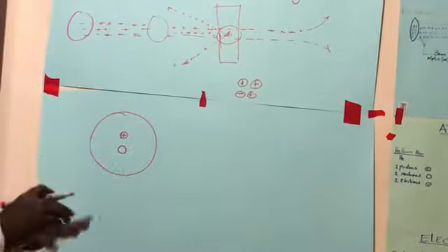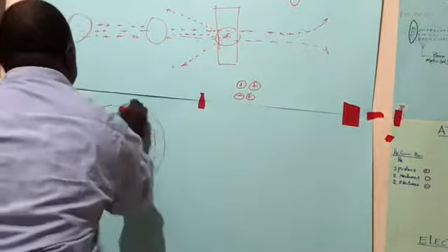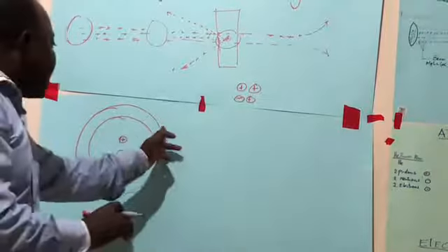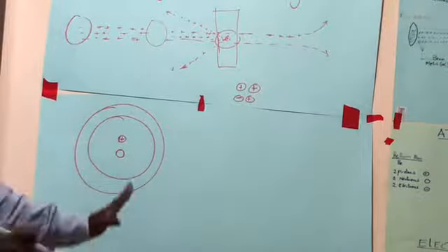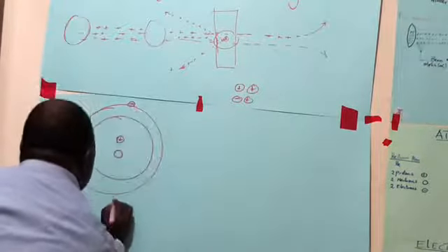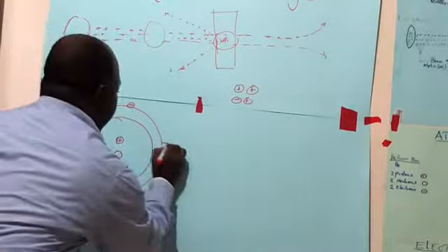And he also concluded that around the nucleus there was an orbit, which we call the shell, and that the electrons were revolving around it. He said the electrons that were negatively charged were moving around the orbit, and he named this a shell.